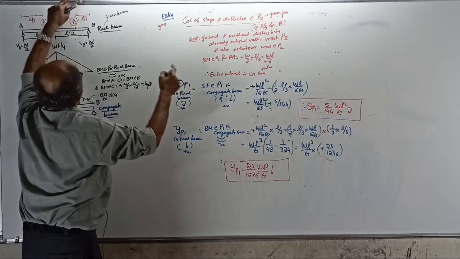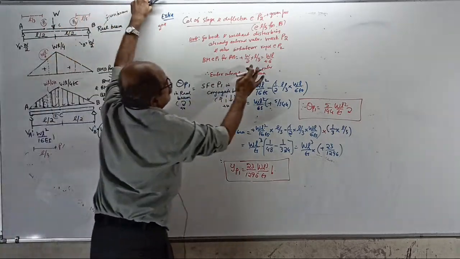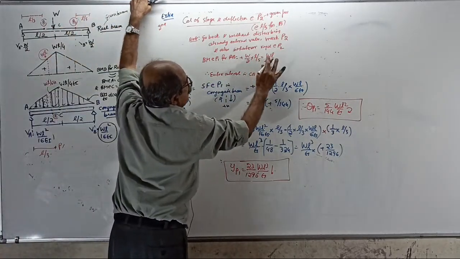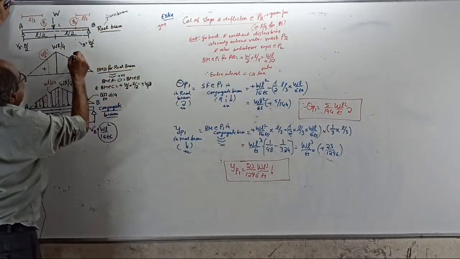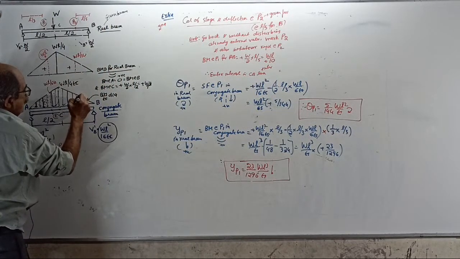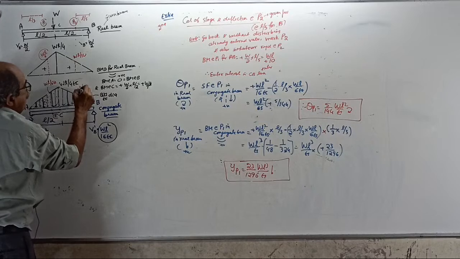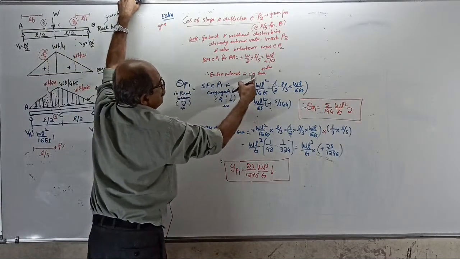Okay, start. BM at P2 is W by 2 into L by 5, equal to plus WL by 10. Enter. This is WL by 10. Then this intensity here equals WL by 10 EI. Intensity becomes that one by EI.